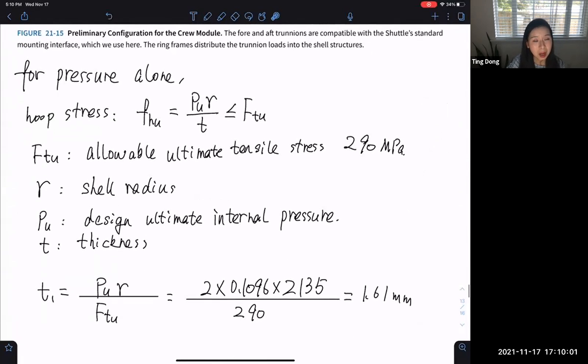So basically, for the semi-monocoque structure, we can simplify it in a way that all the stress is carried by the stringers and frames. So all the hoop stress is carried by the frames, and the longitudinal stress is carried by the stringers. So basically, we can ignore the skin. It is not a load carrying structure anymore if we use semi-monocoque.